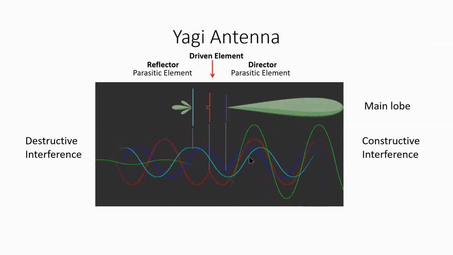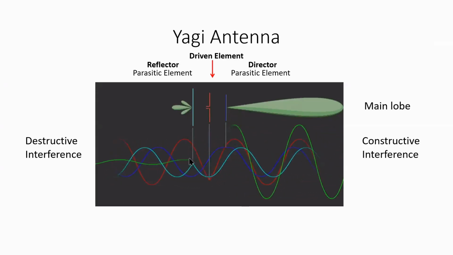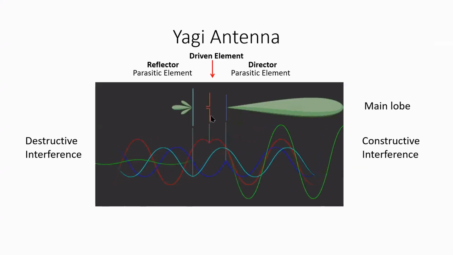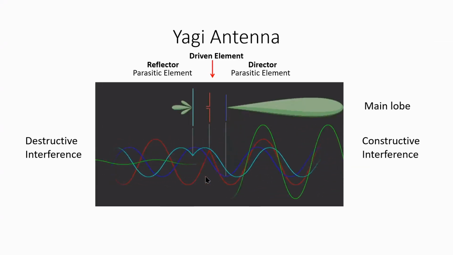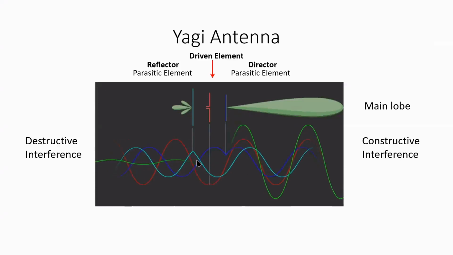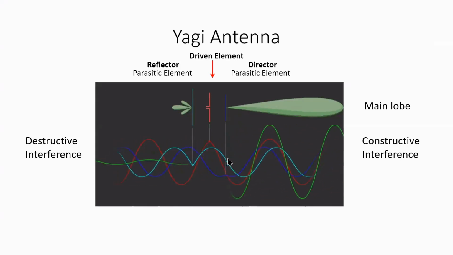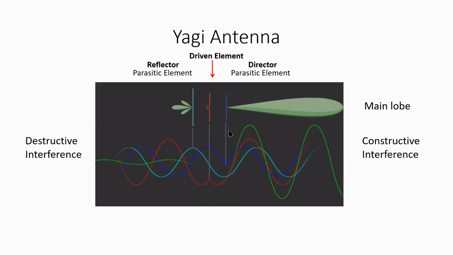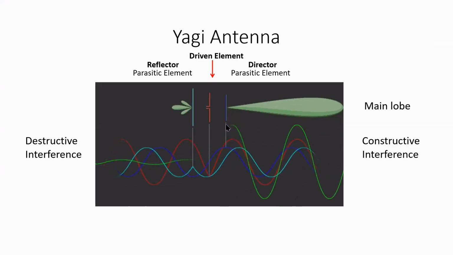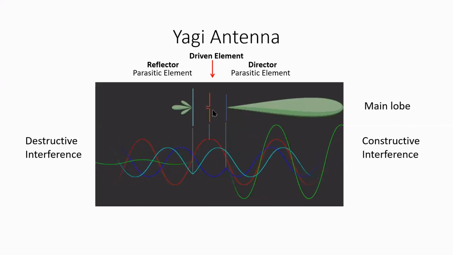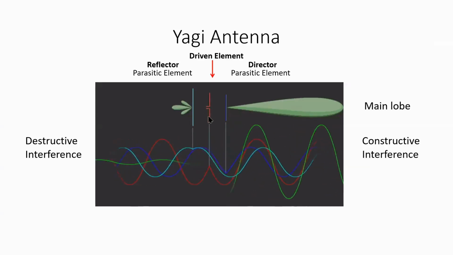because of these, you've got your driven element here creating this signal. And as it moves in this direction, the directing element here, which is a little bit shorter, that's an answer to a question. The director is a little bit shorter than the half wavelength driven element.